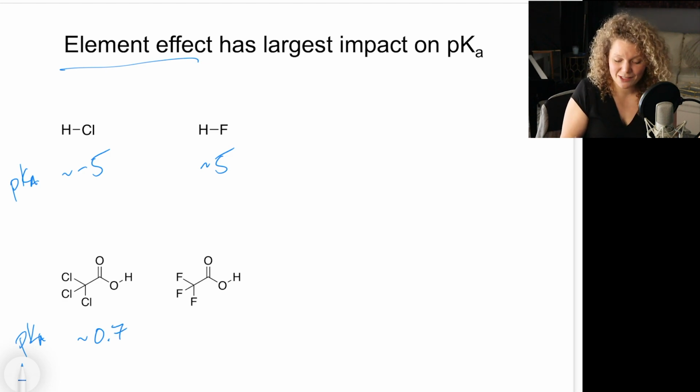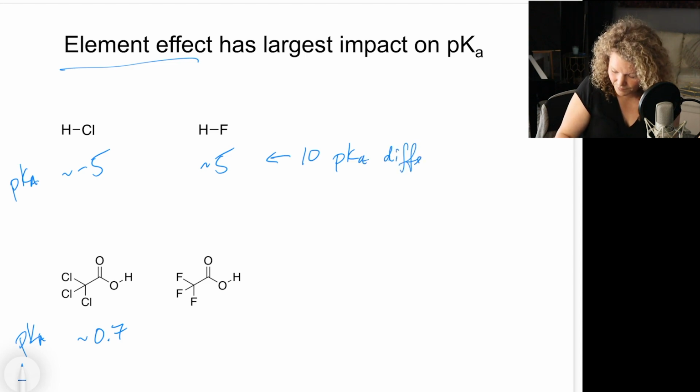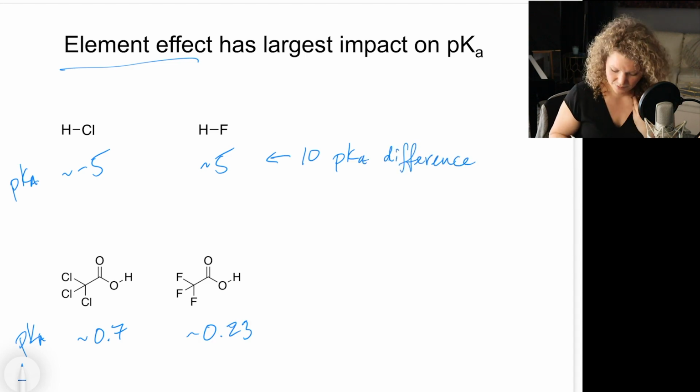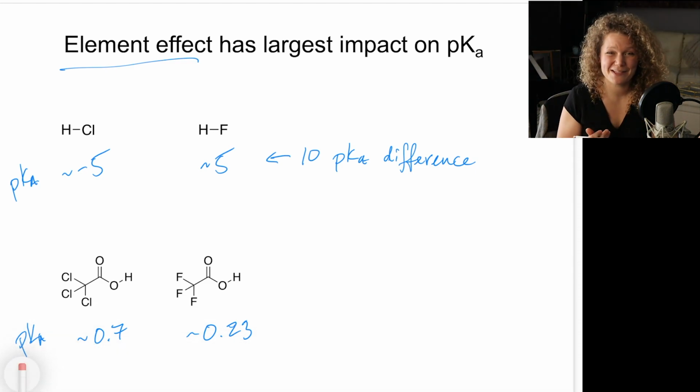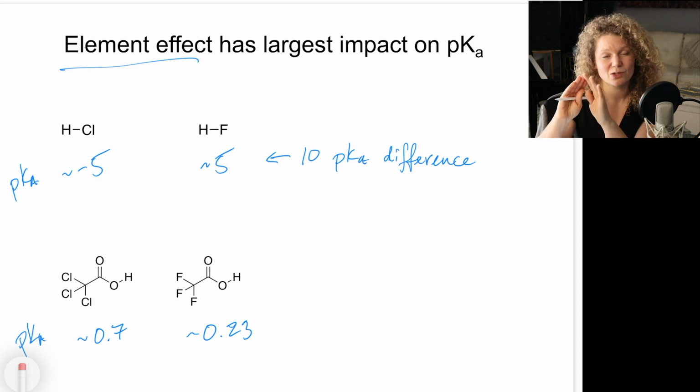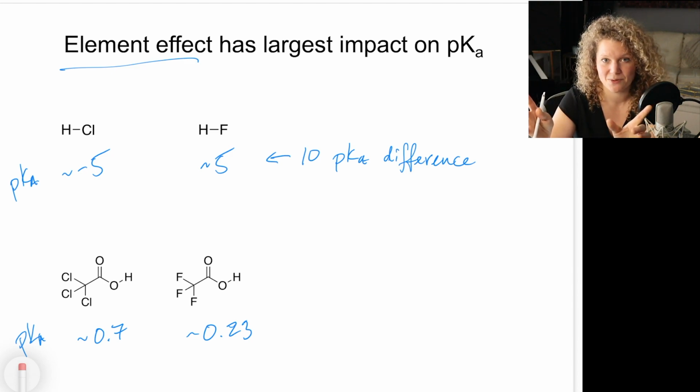If I replace the chlorines with fluorines, I don't get a 10 pKa difference. This has a pKa of around 2.3. But the pKa difference here is less than 0.5 difference. So the element effect has the largest impact on pKa, okay?